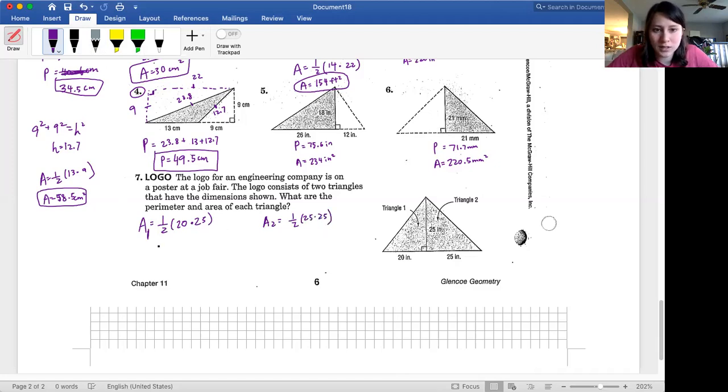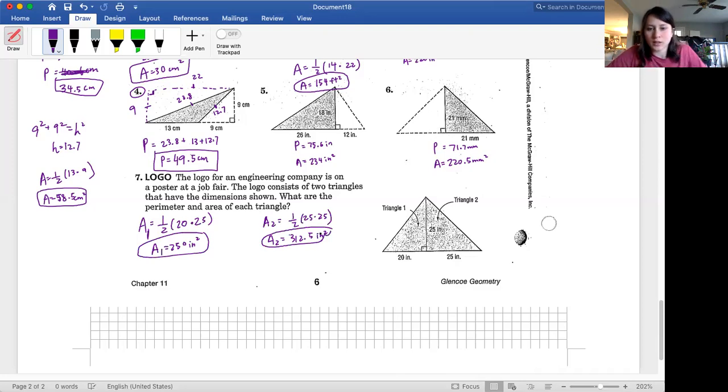So this one's going to be 250 inches squared. Area 2, the second triangle, is going to be 312.5 square inches.